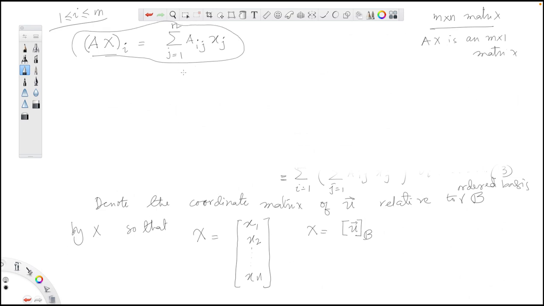You can verify it directly by putting the matrix form of A and X. Let me give the details. A11, A12, all the way up to A1n, that's the first row of the matrix A. The second row is A21, A22, all the way up to A2n. And finally I have the mth row Am1, Am2, all the way up to Amn.